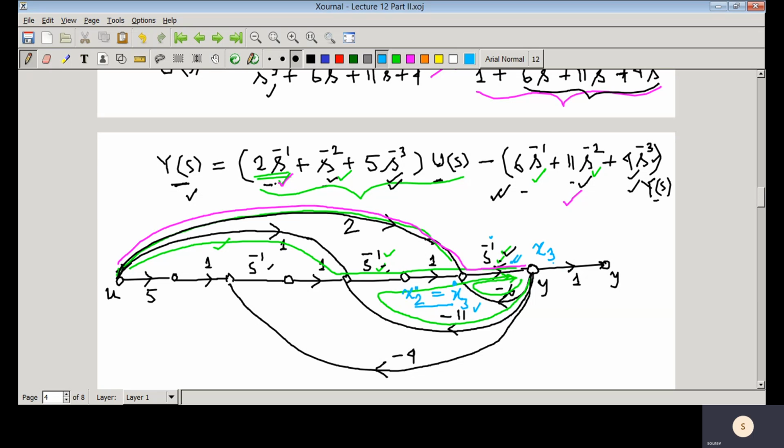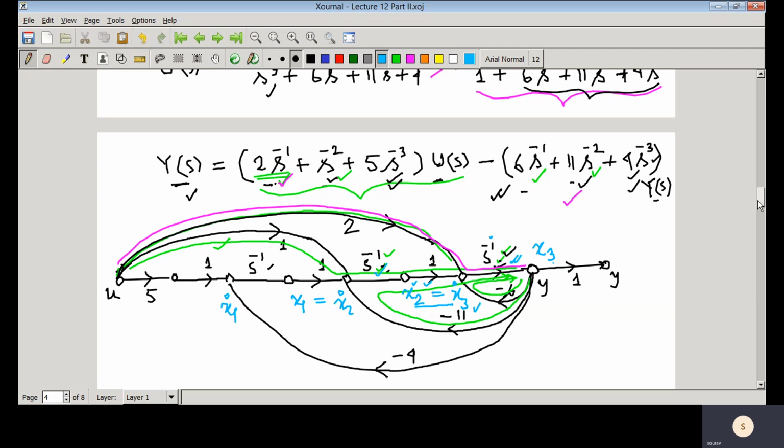This is in phase variable form, indicated by this particular branch. Similarly, if it is x2, then here it would be x2 dot, because this is that integration. And similarly that one would be x1 equal to x2 dot, and here you have x1 dot. So this is actually that realization.